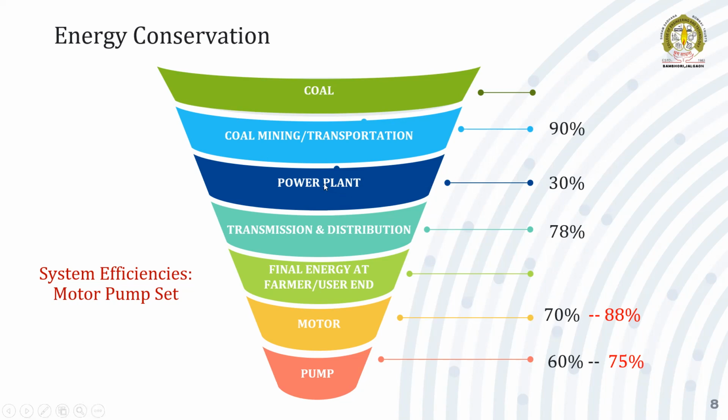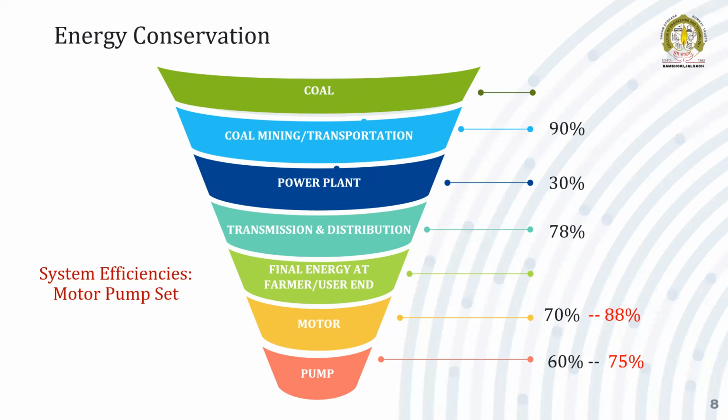Now, the thermal power plant efficiency is hardly 30 to 35%. The reason is that there is a large number of auxiliaries, for example the coal handling plant, coal crushing plant, economizer, and air preheaters. There are a number of pumps, and at the same time there is a cooling tower.